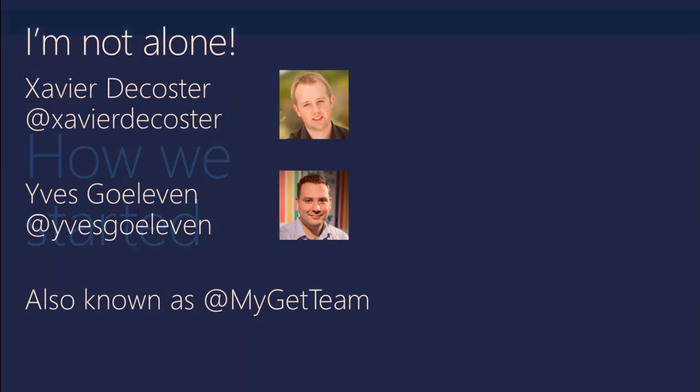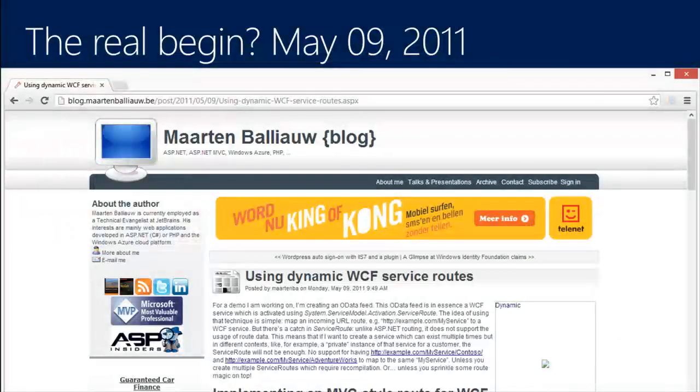Now, how we started, that's actually quite interesting. We didn't start off with MyGet as a product. So the real beginning was, I think, somewhere in the beginning of May 2011. So actually, we became 2 years old in the past month. The thing was, I created a blog post on my blog around using dynamic WCF service routes.